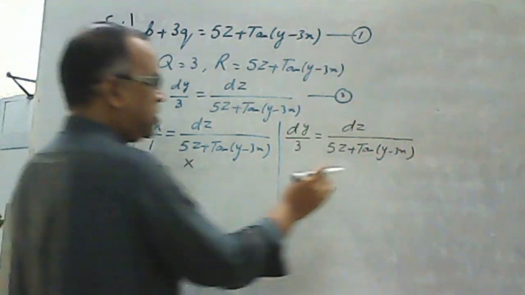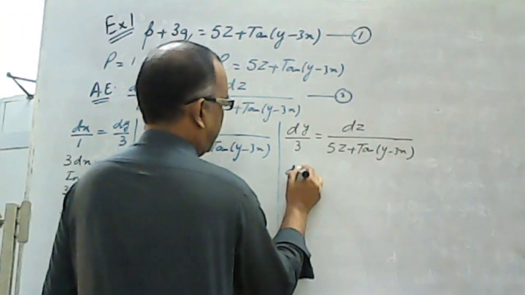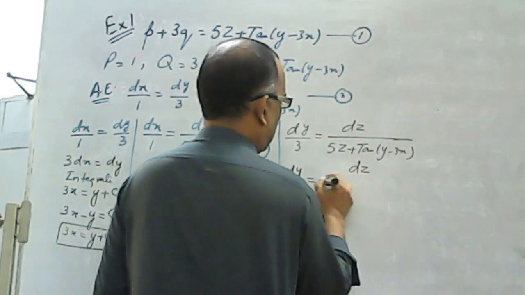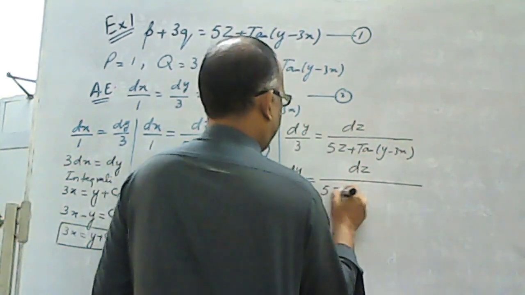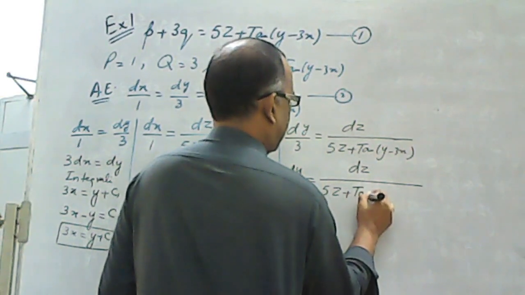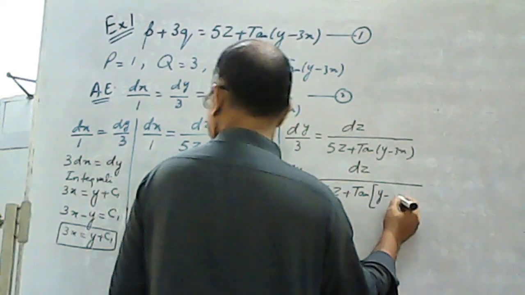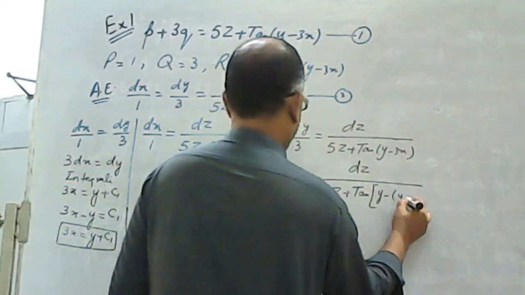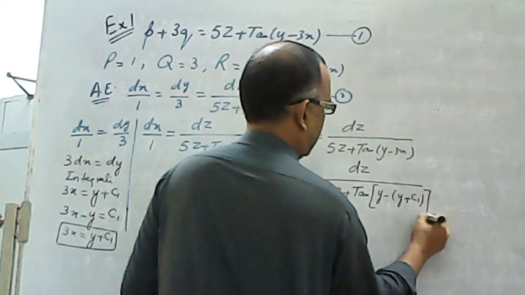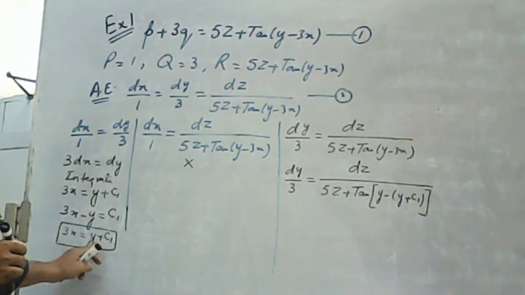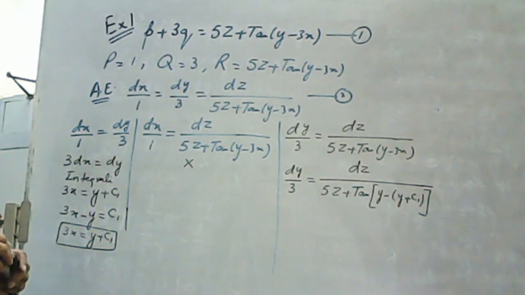So if I substitute this value here, it becomes dy over 3 equal to dz over 5z plus tangent y minus y plus c1. In place of 3x, I write y plus c1.